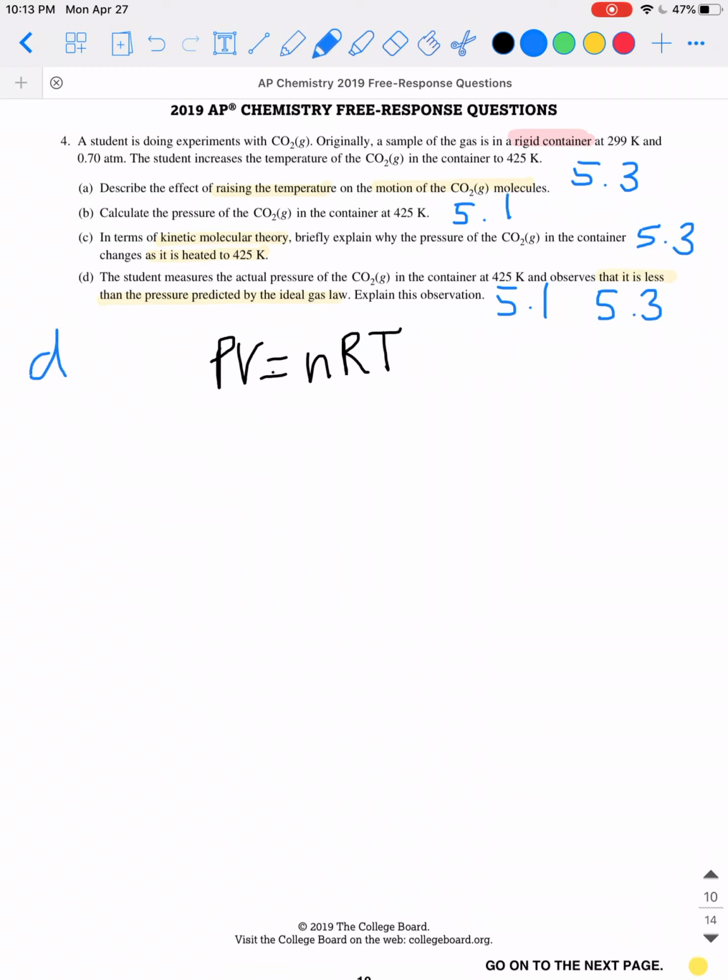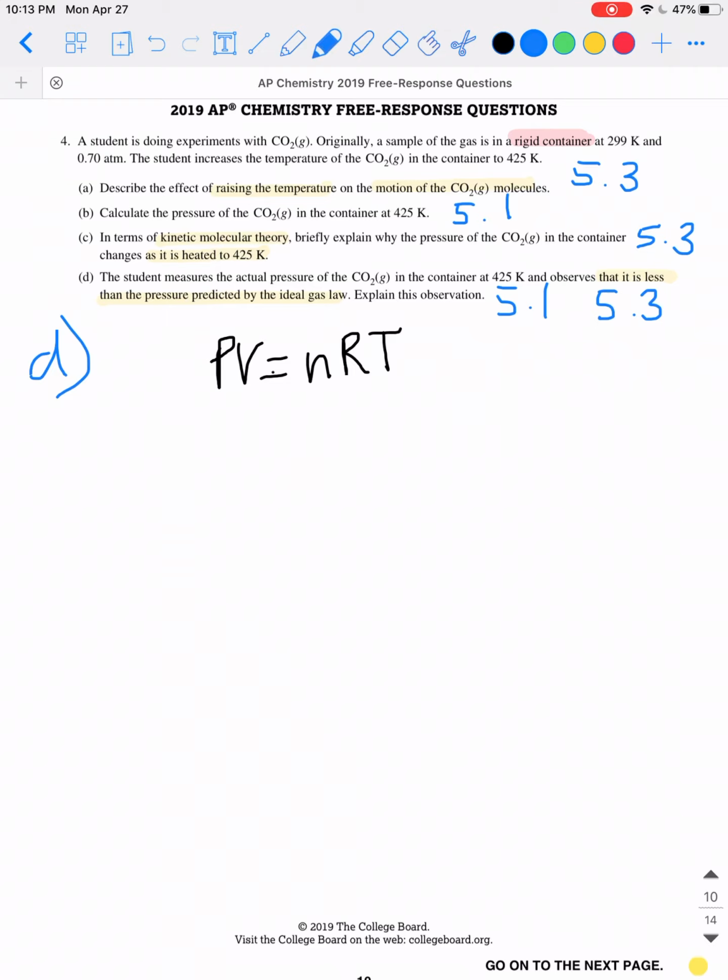So the ideal gas law actually assumes that the gas molecules only interact with elastic collisions as per the kinetic molecular theory. But real gases have attractive forces that make them cluster together, which makes them exert less pressure than predicted by PV equals nRT. So the real gas ends up exerting less pressure than is predicted by the ideal gas law because it's a real gas and not an ideal gas.